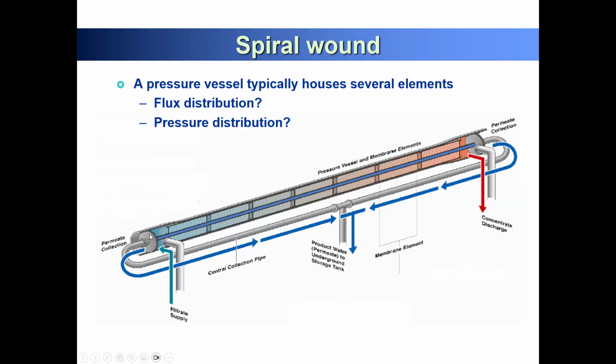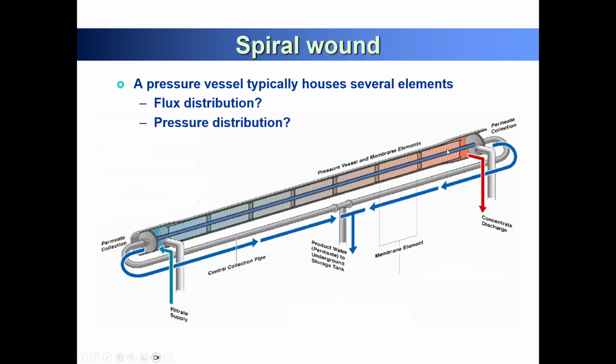Initially, you pressurize at 60 bar, and you are losing little by little, and finally, at the end of this pressure vessel, you may have 50-something bar, depending on your membrane flux.